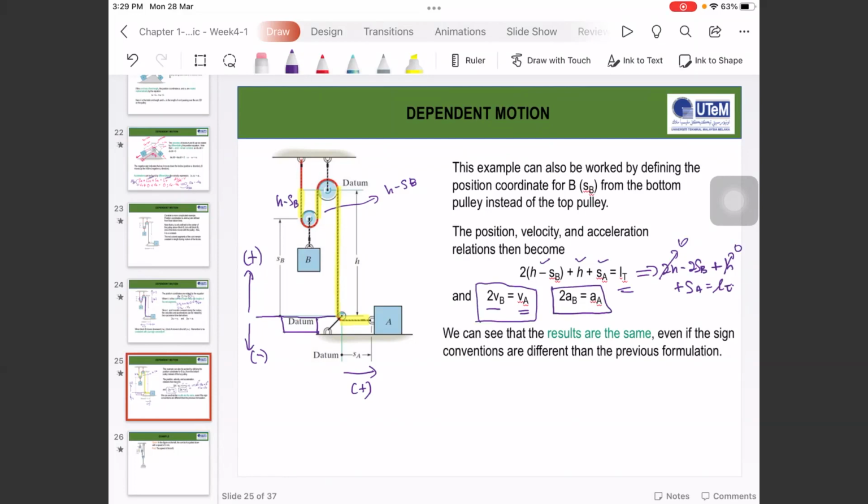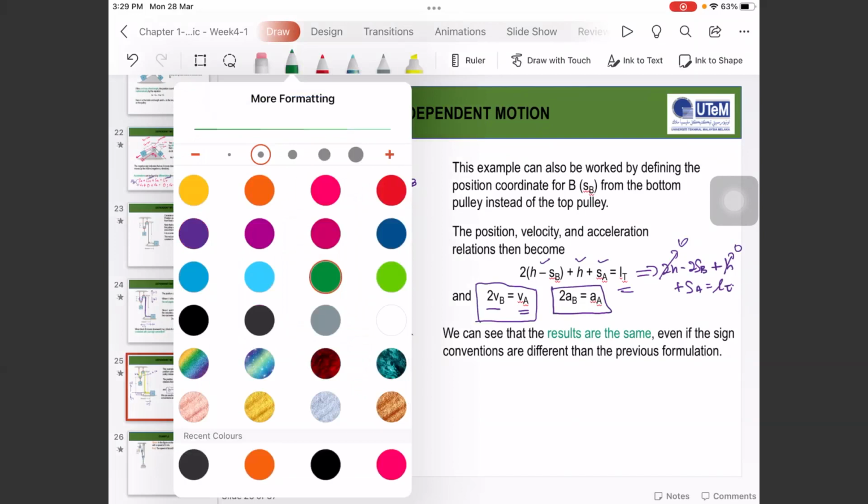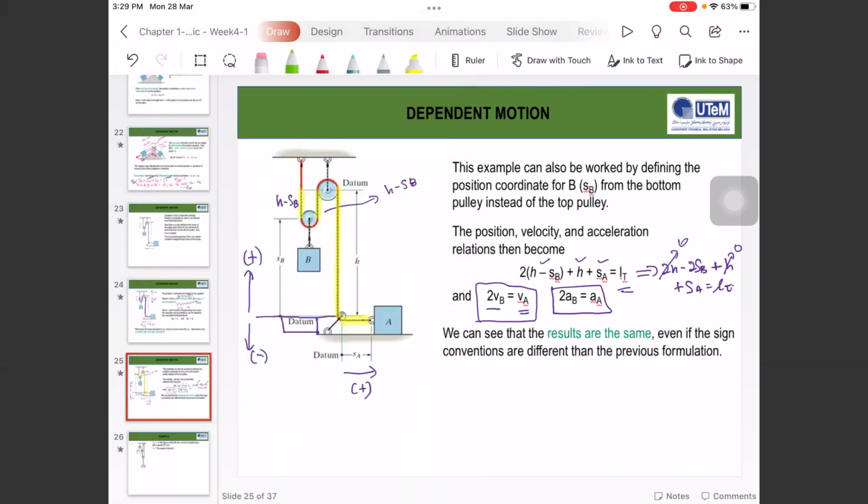So bila A ni bergerak, so when this A move to the right, yang B akan naik ke atas. Kan? So positive, this one positive.